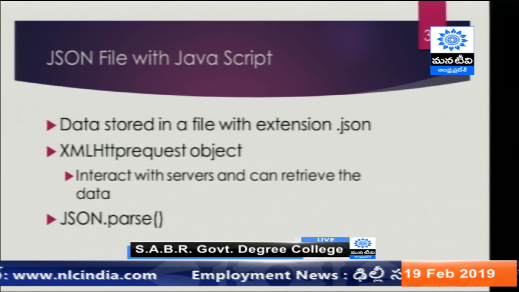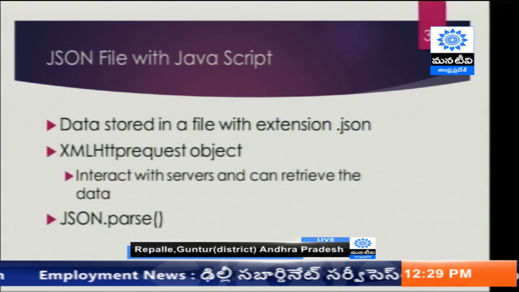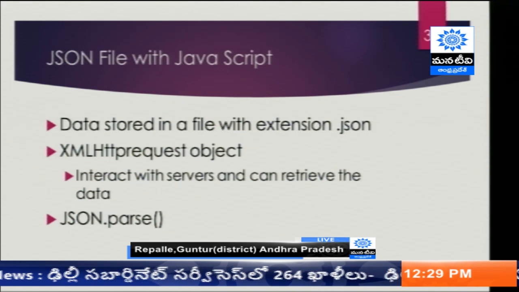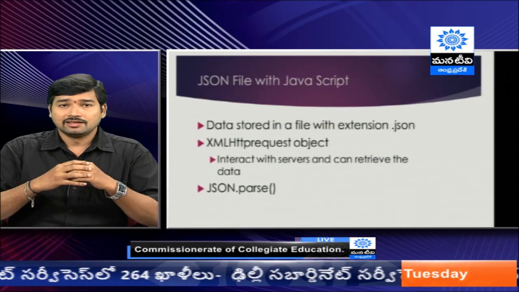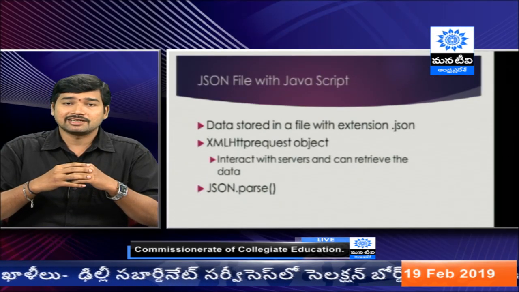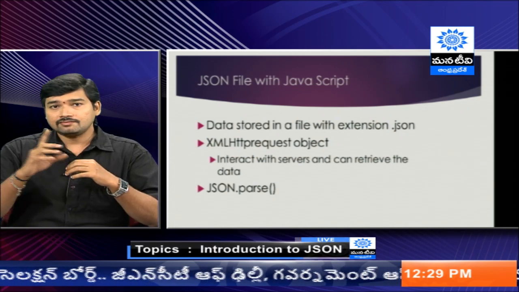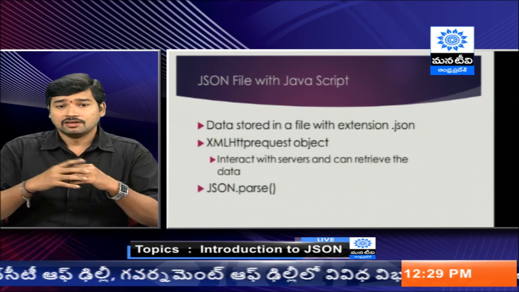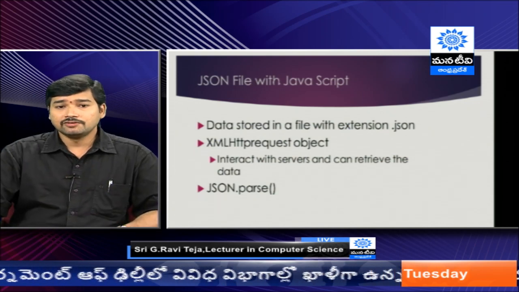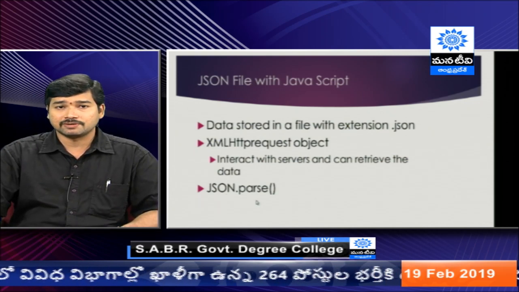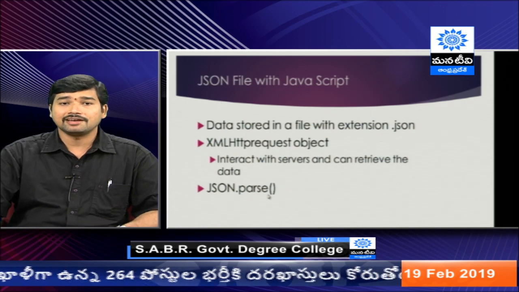After storing the data in the JSON file, we must use the XMLHttpRequest object. This XMLHttpRequest object is essential for interacting with servers and retrieving data. After that we use the JSON.parse method to retrieve the data from the file.